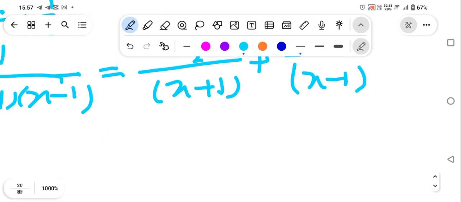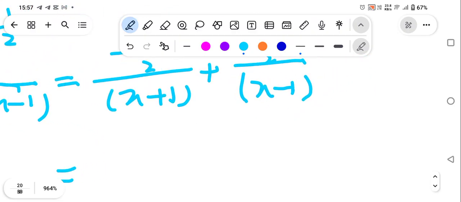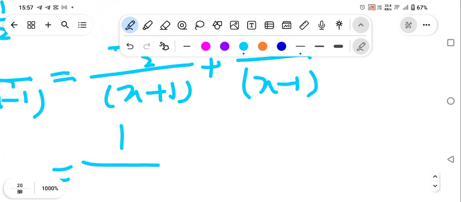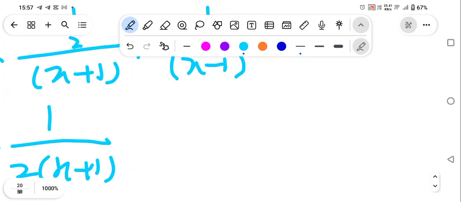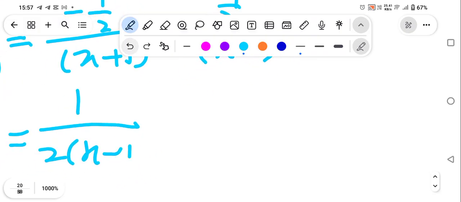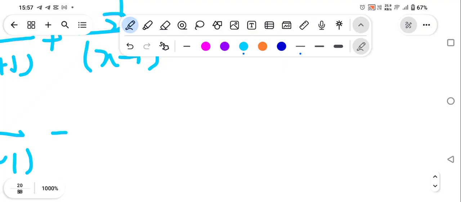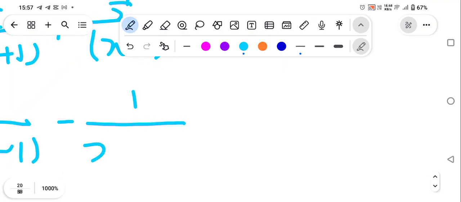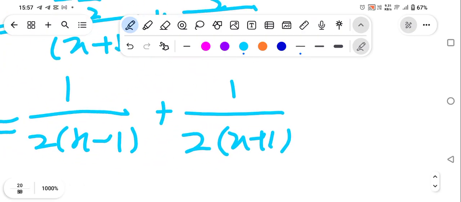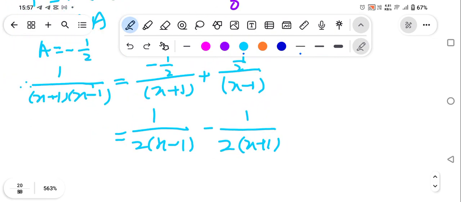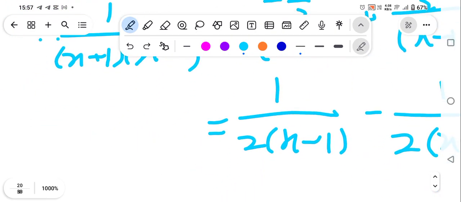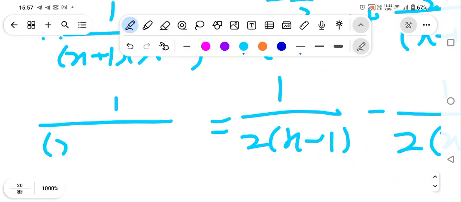We can write this in terms of 1 over 2 times x minus 1, minus 1 over 2 times x plus 1. So we basically just solved it, and we split the partial fraction in half.